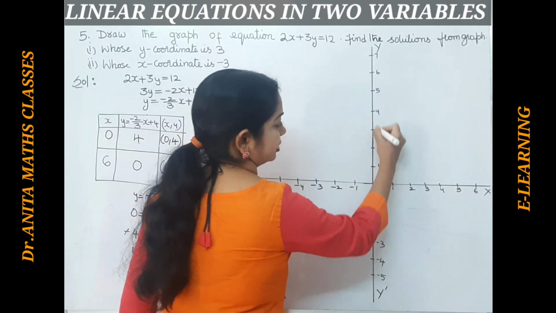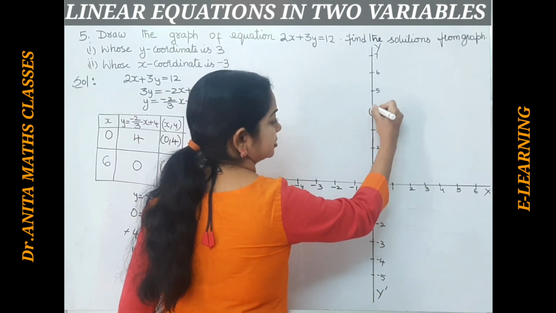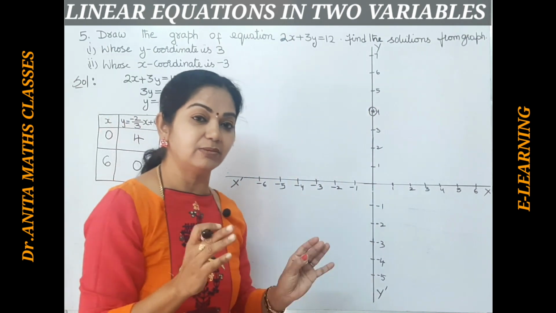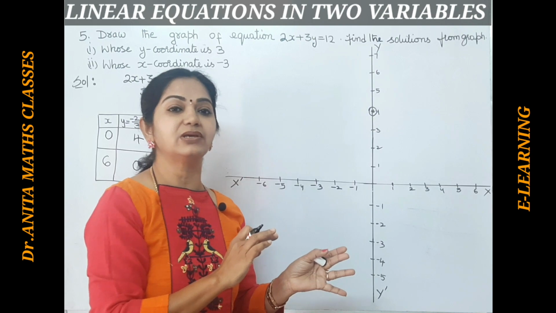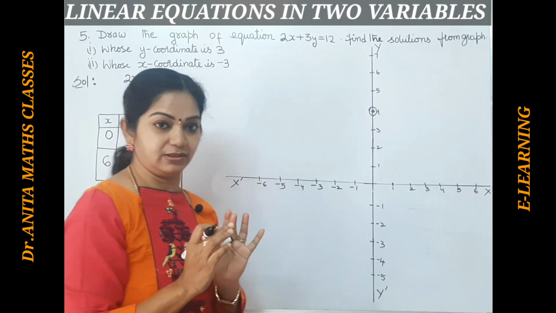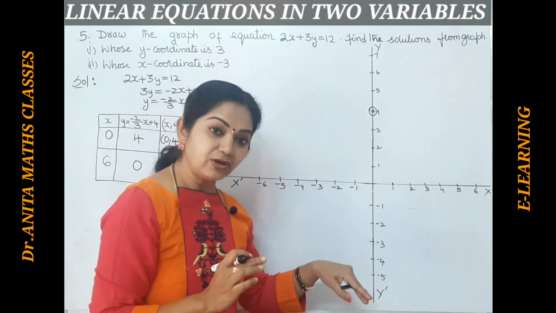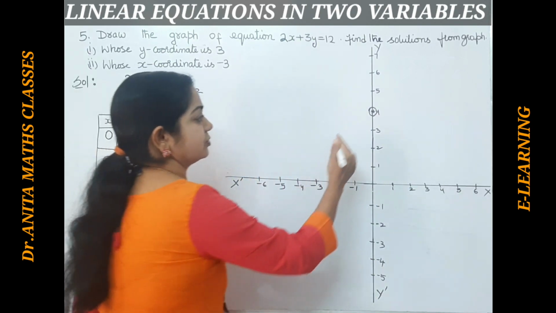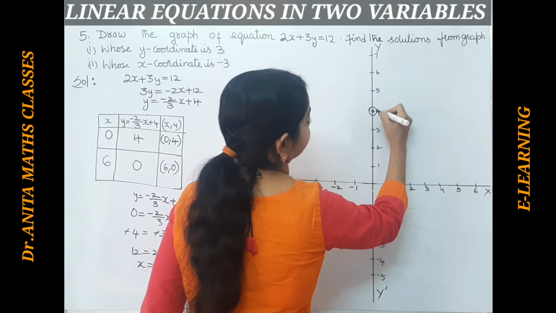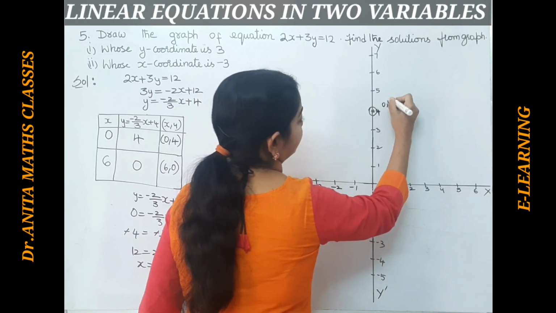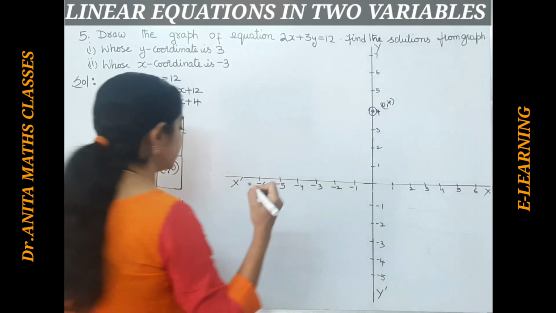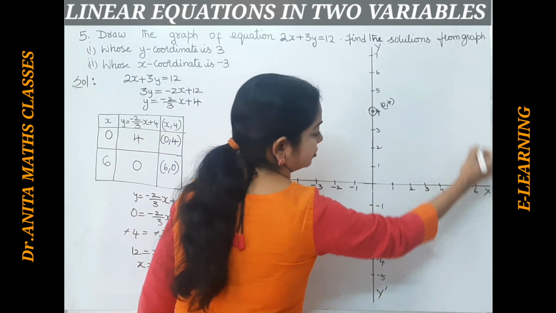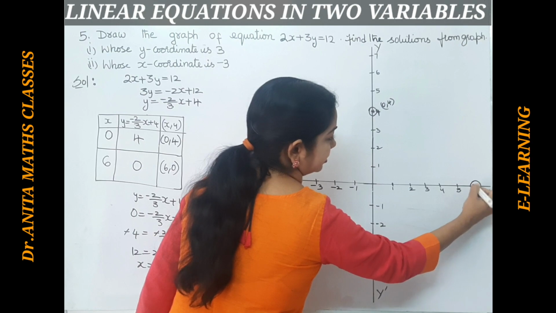When the x coordinate is 0, we get the point on the y-axis, and when the y coordinate is 0, we get the point on the x-axis. So this point is 0 comma 4. Now the second one is 6 comma 0, so 6 on the x-axis, comma 0.